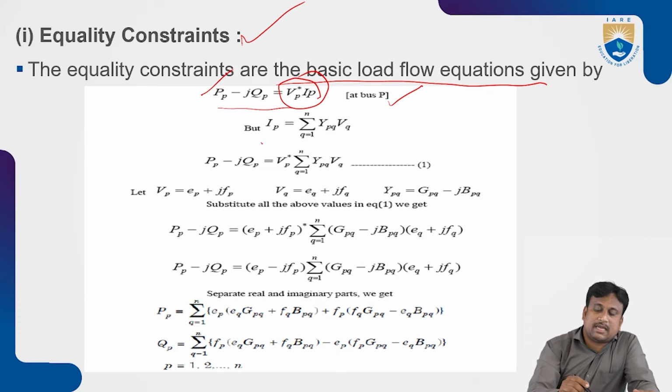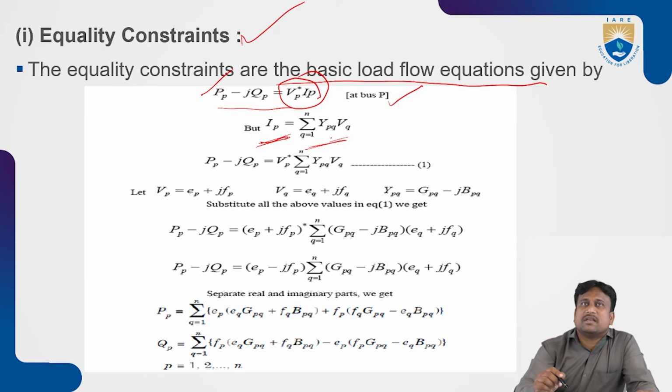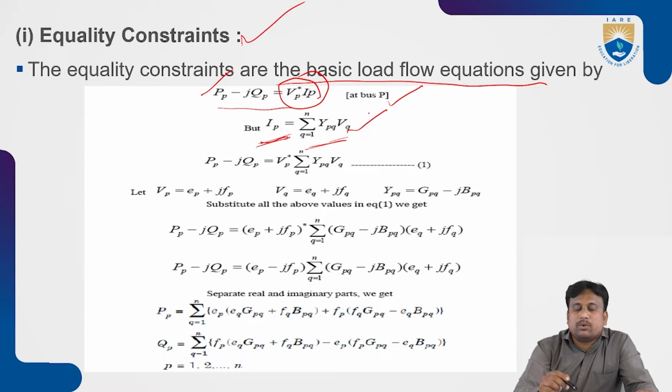When you consider the similar case for the current, we may obtain the condition Ip equals summation of q equals 1 to N Ypq Vq, where Y is called admittance.